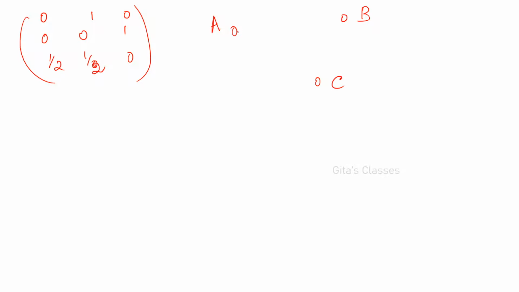Now A to B, the probability is 1. From B to C, the probability is 1. From C to A, the probability is half, and C to B, the probability is half. Right?